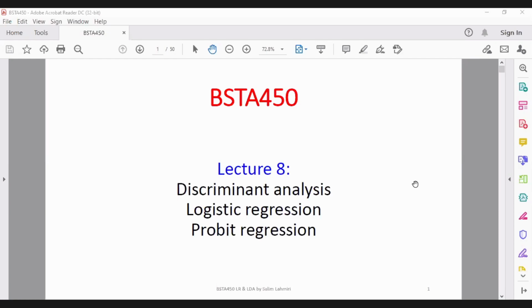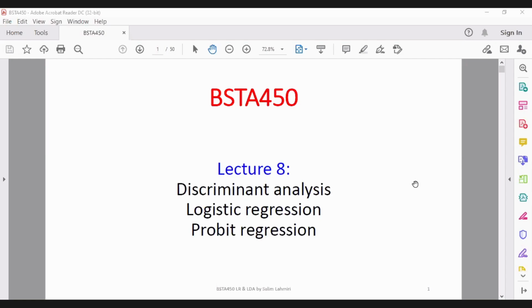For example, suppose we want to classify good customers versus bad customers, so y takes a value of 1 if the customer is a good one, 0 if not. Or we want to predict the stock price's next move: for up moves, y will take a value of 1, and for down moves, y will take a value of 0.